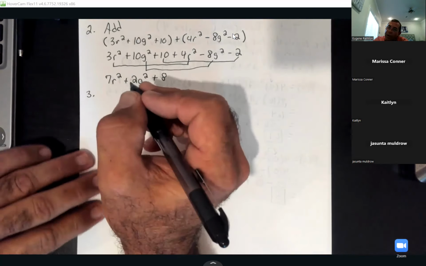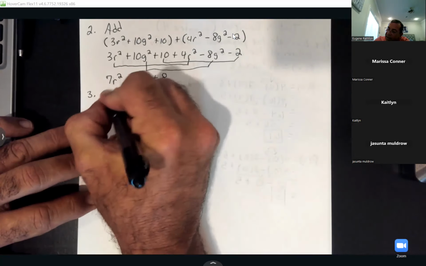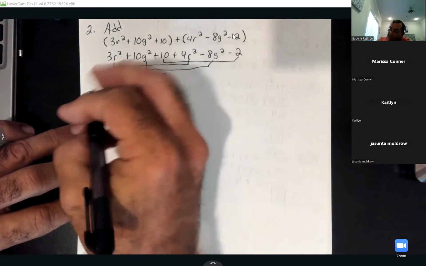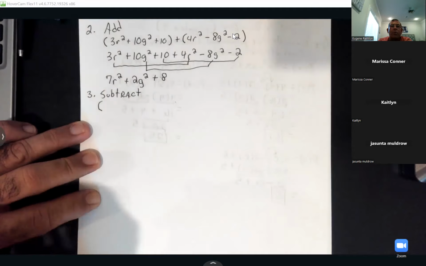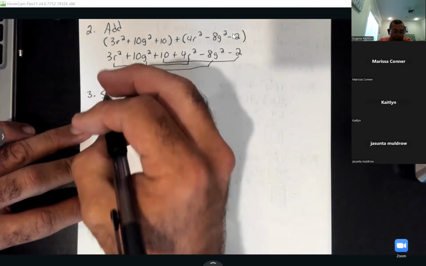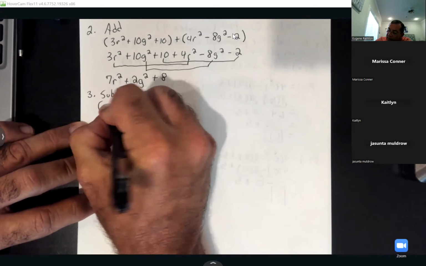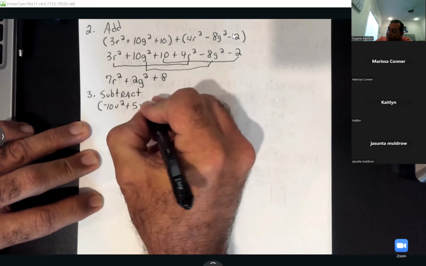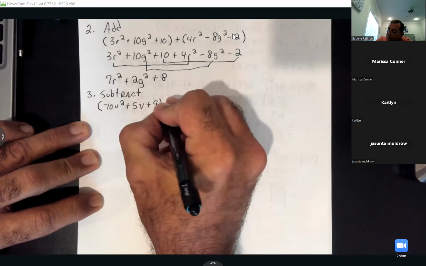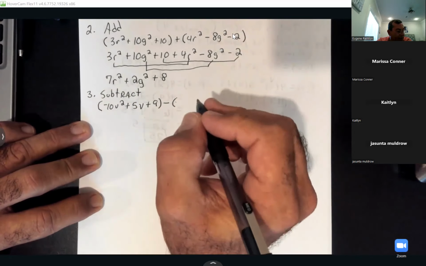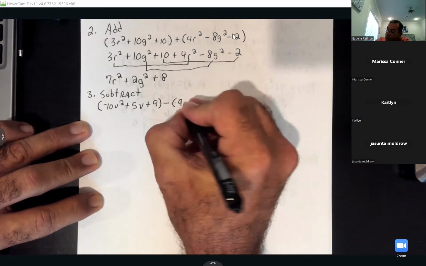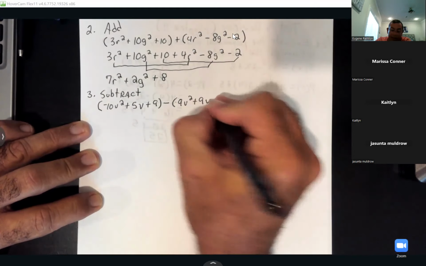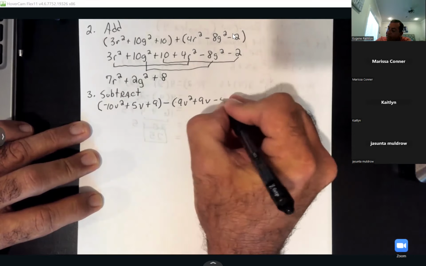Now, here's the one where you got to watch out for, and that is subtraction. So to subtract, they're giving me negative 10v squared plus 5v plus 9 minus 9v squared plus 9v minus 4.